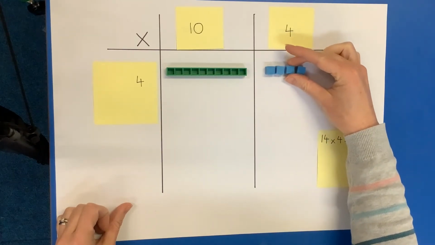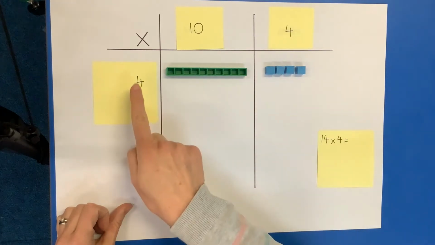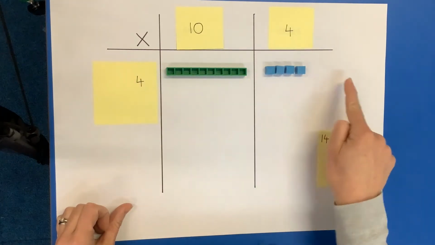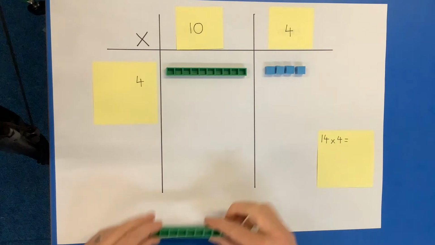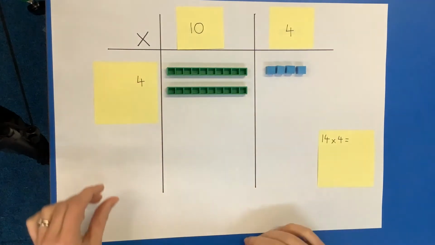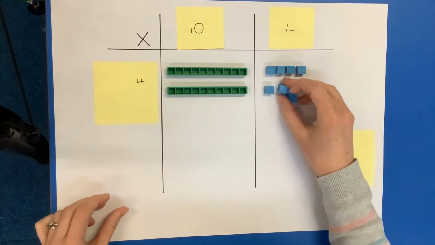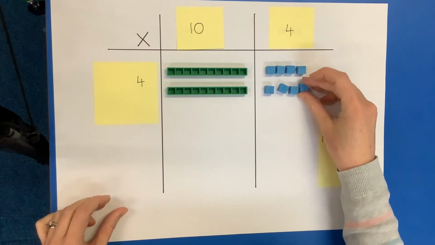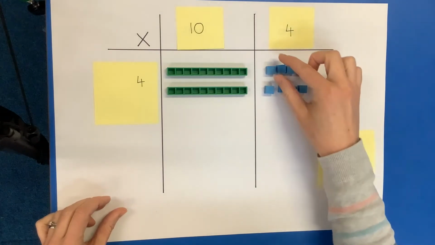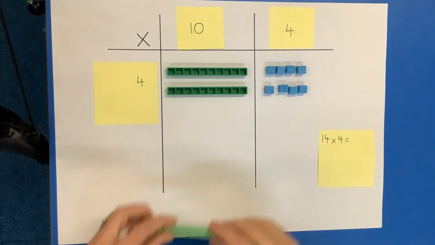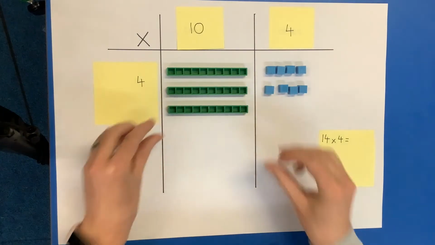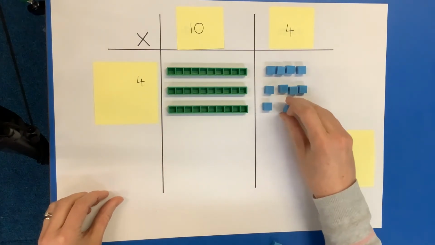Now with that, I'm going to times by 4. So I don't want one group of 14, I need 4 groups of 14. So here's group number 2. Now I know it's 14, so I don't need to count it every time. That's absolutely fine. There we go. 2 groups of 14. We've got 3 groups of 14.